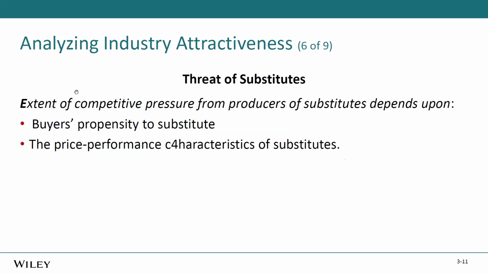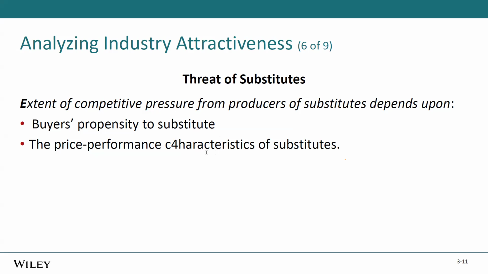If you were studying, say, the defense industry, well, what's the substitute for the defense industry? There aren't really substitutes for missiles and tanks and fighter jets. Maybe drones, if you zoom in a level, maybe drones are an effective substitute for military airplanes, and one that you're willing to consider. But as a whole, some industries have higher threat substitutes than others.